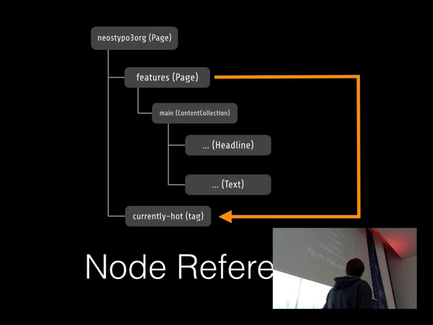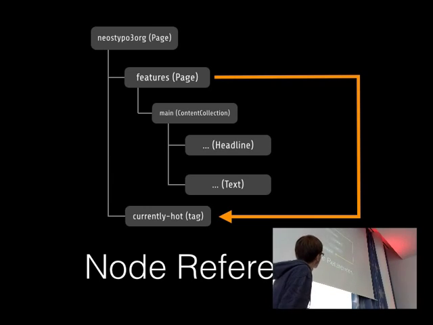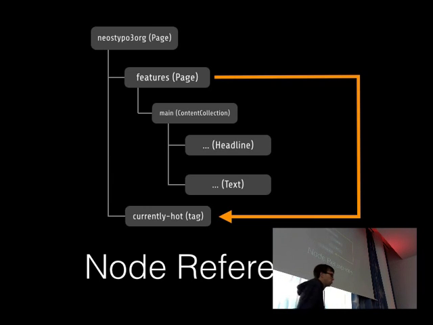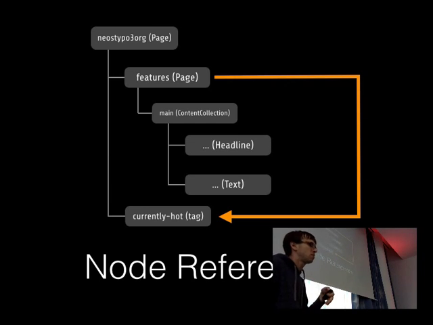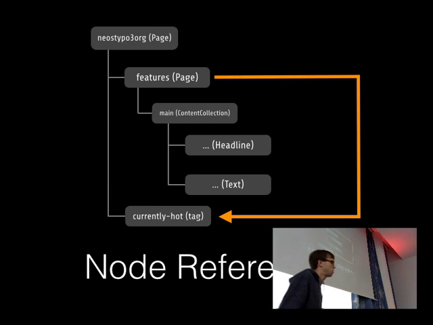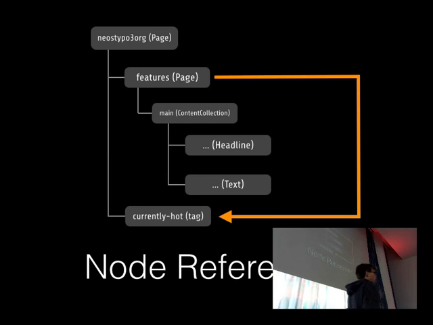What we usually do in these cases is write some PHP which imports these things from external systems and creates nodes of a specific type at a specific location of the tree, which then enables these referencing features.